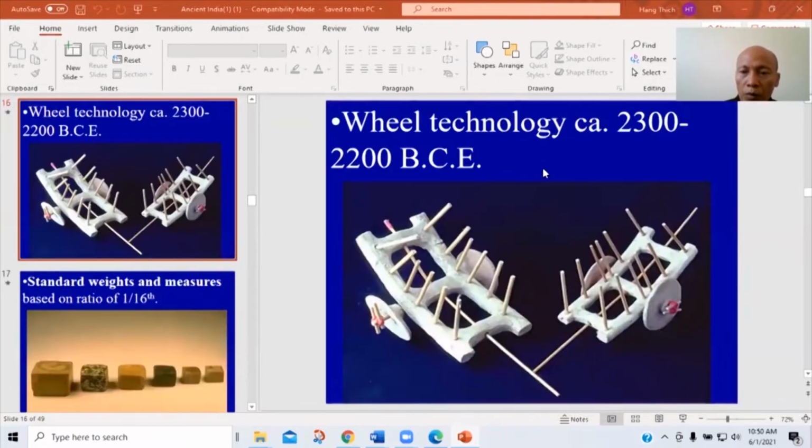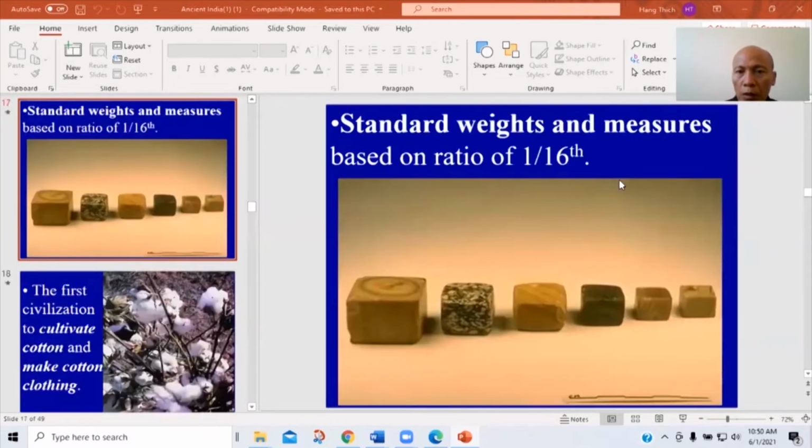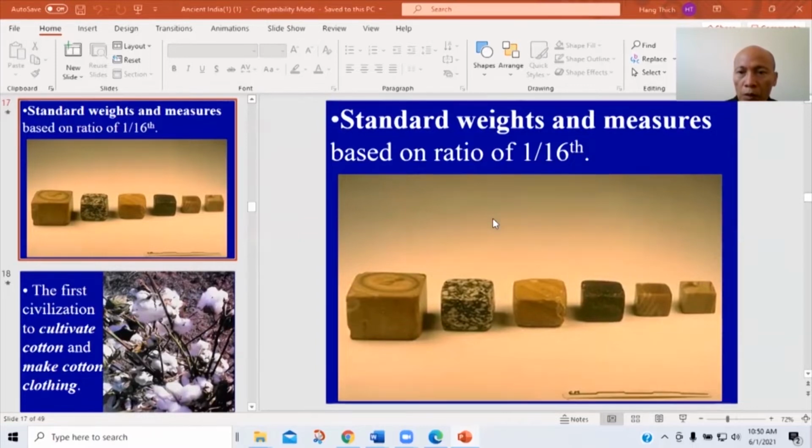They also had wheel technology between 2300 and 2200 BCE, and standard weights and measurements based on a ratio of 1/16.